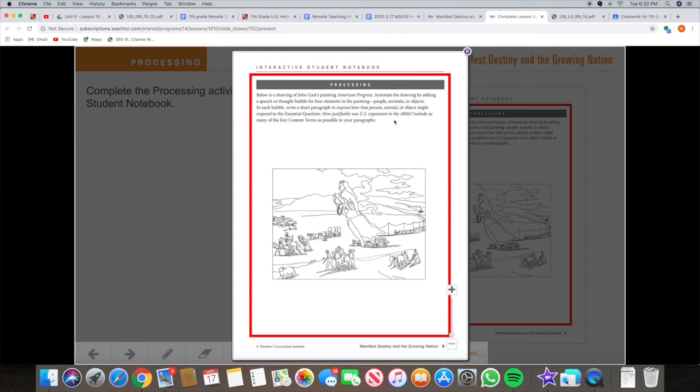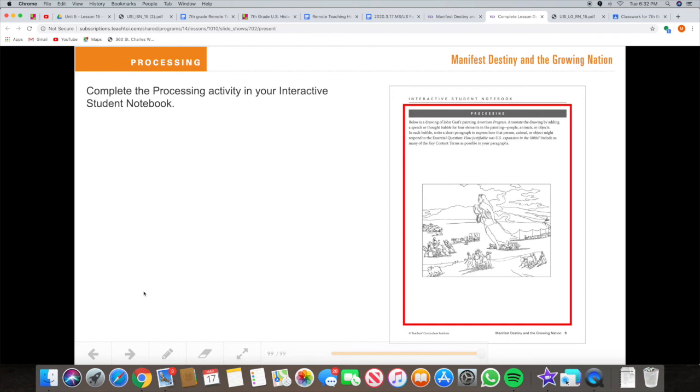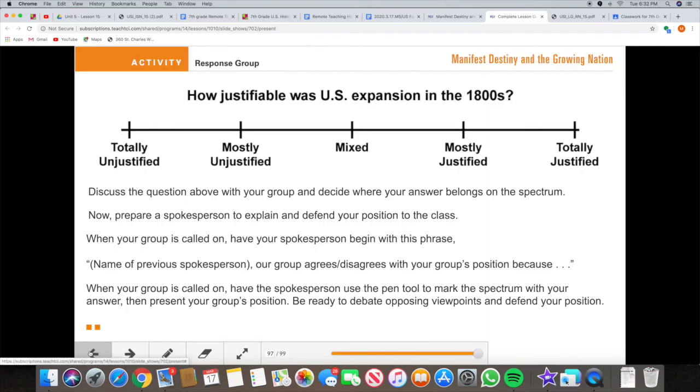If you want to be challenged a little bit more, go ahead, attach a Google document to the Google Classroom, write your name on it, and answer the following question: how justifiable was U.S. expansion in the 1800s? So this is the question. So the answer to that question is your claim. Your claim will be your first sentence. So you would say something like, the U.S. expansion in the 1800s was mostly justified because, totally justified because, mostly unjustified.